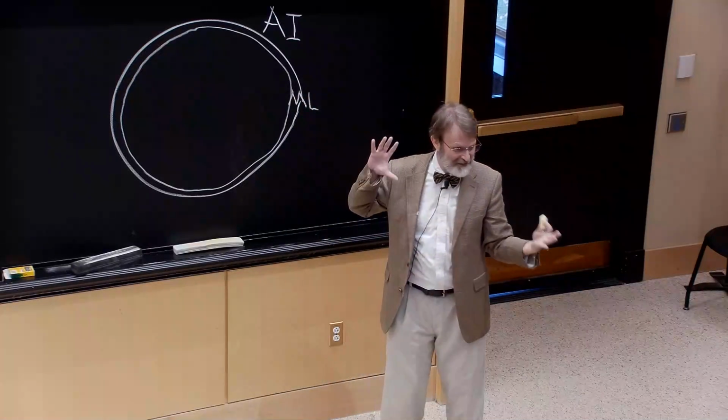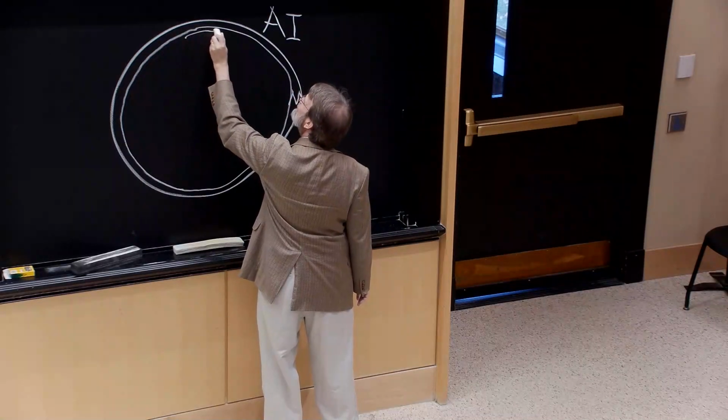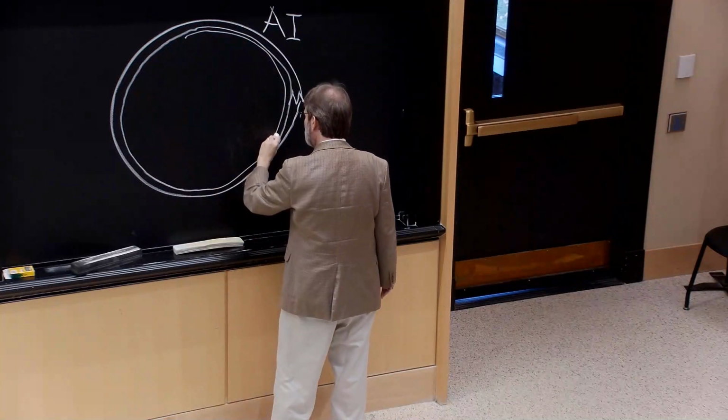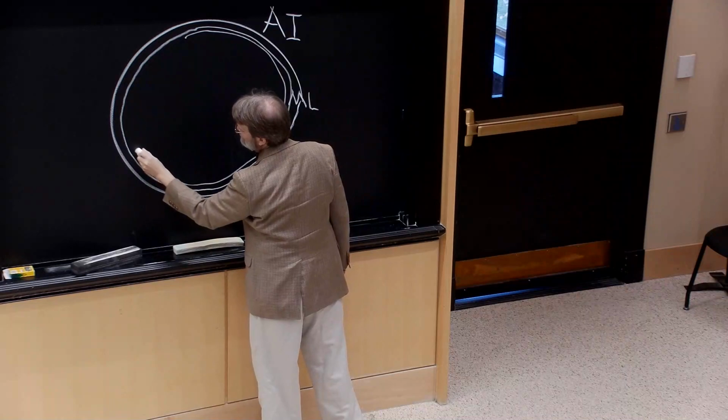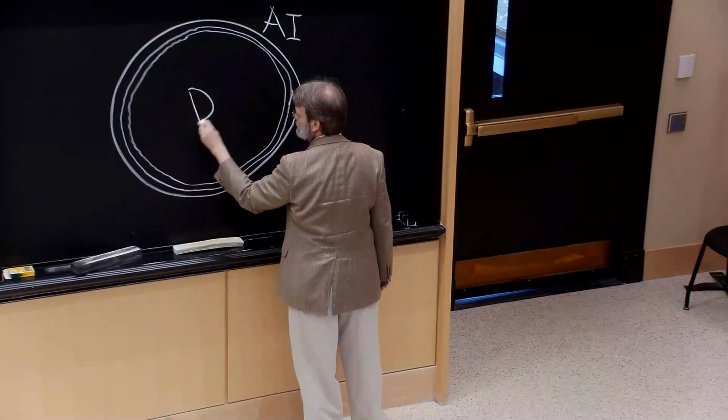It's pretty much all of AI. And then if I could make it even closer, I would, but I can't. But just assume this is almost epsilon width. This is deep neural networks.